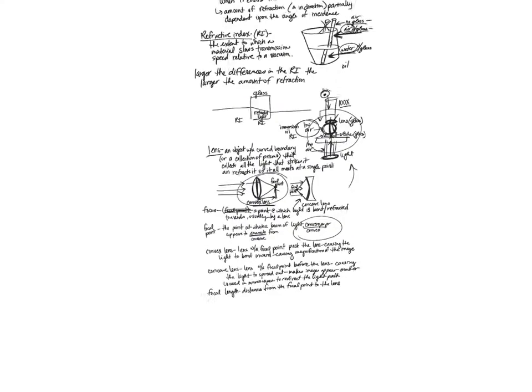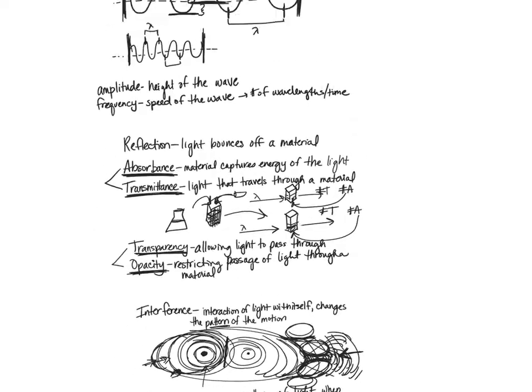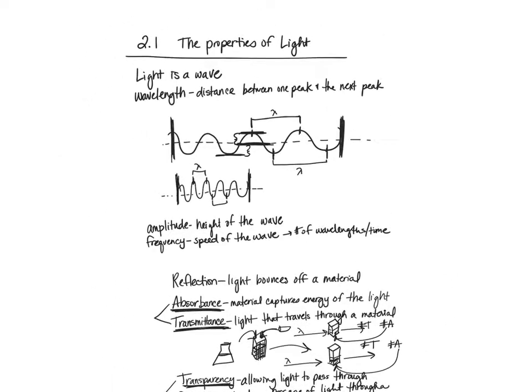Great. So that summarizes a lot of the background in light and waves, the different properties of light. We're not done with this section yet. The rest is a small piece. I just want to make sure that you're clear about the different terms that you need to be familiar with. You should be familiar with wavelength and amplitude and frequency.